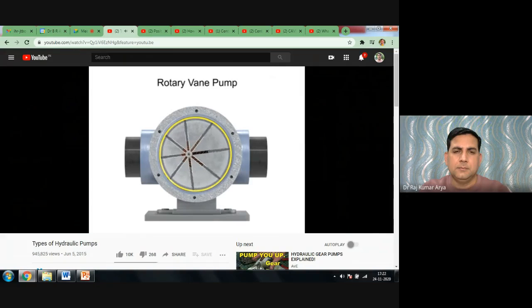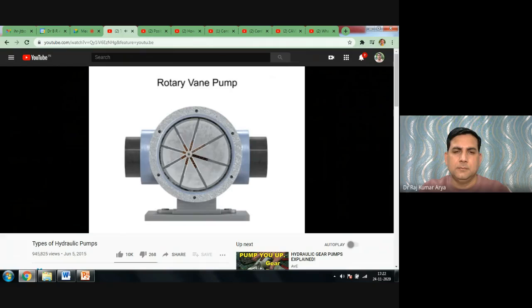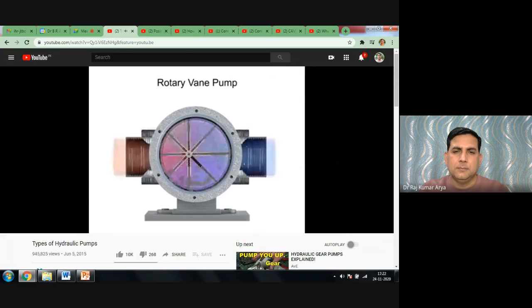The tension in the vanes is maintained by either springs or hydraulic pressure. As the vanes rotate, they create chambers of varying sizes within the pump. Fluid enters at the largest chamber. As the vanes rotate and retract, the chambers get smaller, forcing fluid to exit through the discharge port.